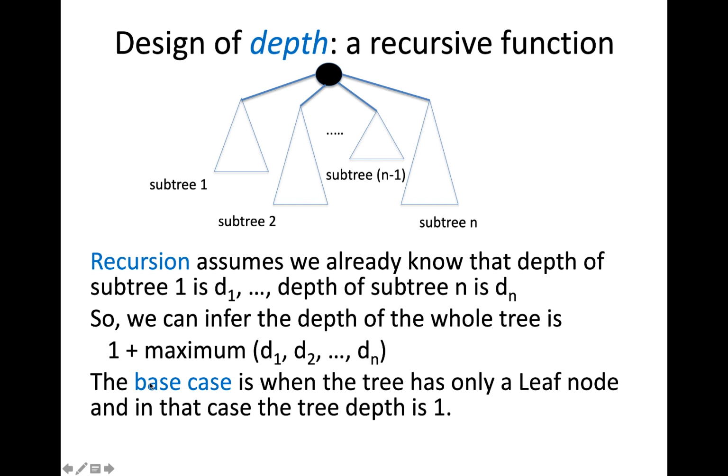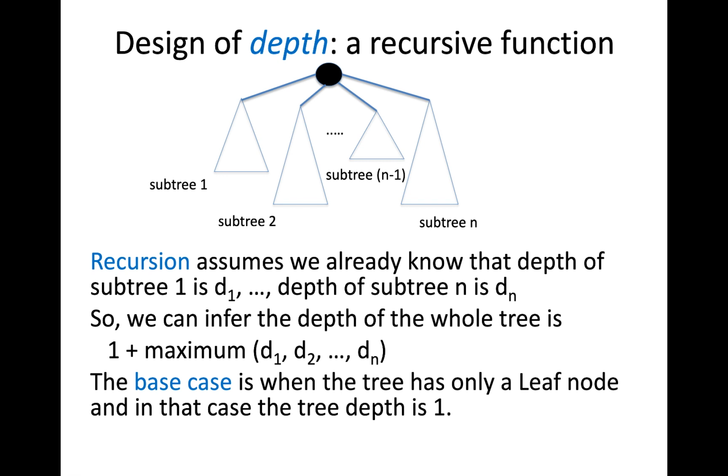Then the formula for calculating the total depth of this whole tree will be getting the maximum of those d1, d2, dn, right? That means whatever is the maximum height, and then plus 1 because of this black node, right? So that will be the formula if we have this d1, d2, dn information.